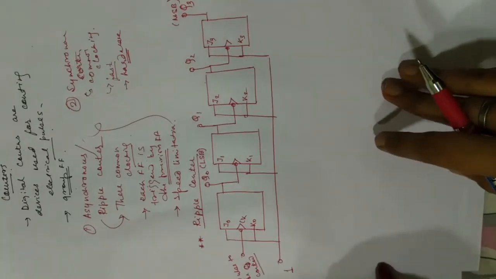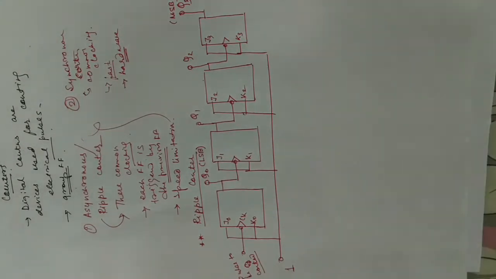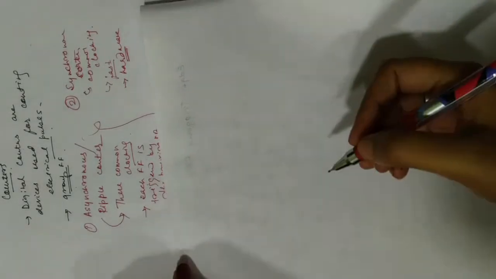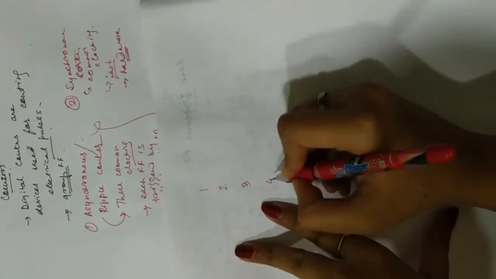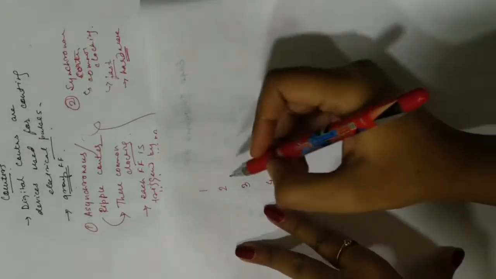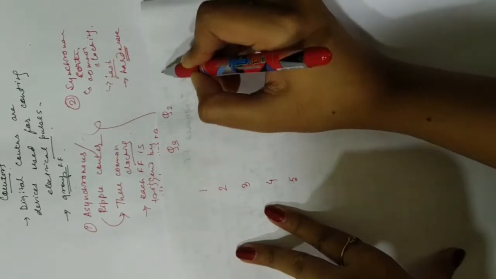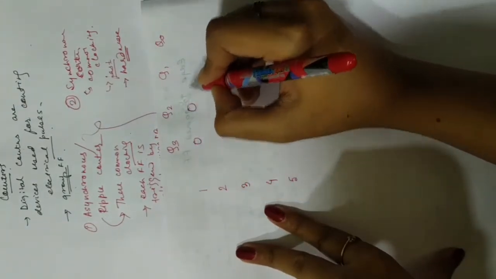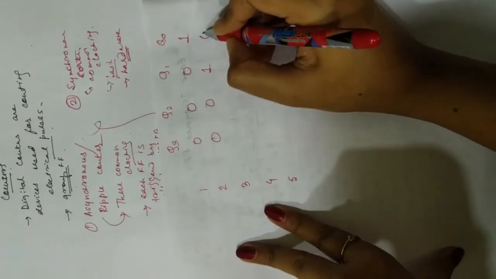Before trying to understand how a counter works, I would like you to focus on a point. Just for example, I'm showing you this: Q3, Q2, Q1, Q0. 0, 0, 1, 0.